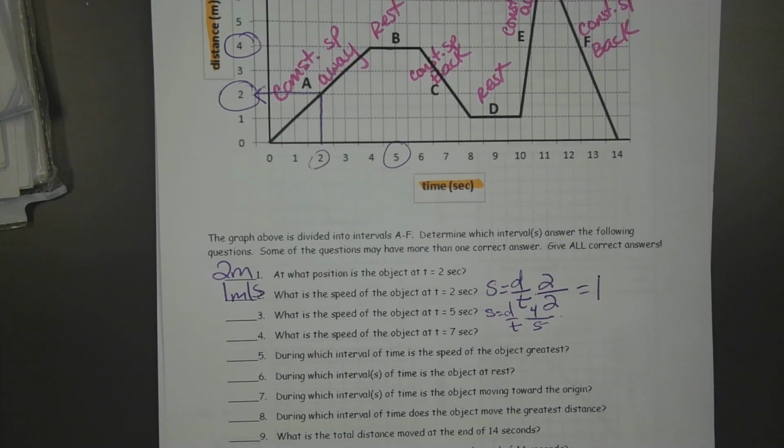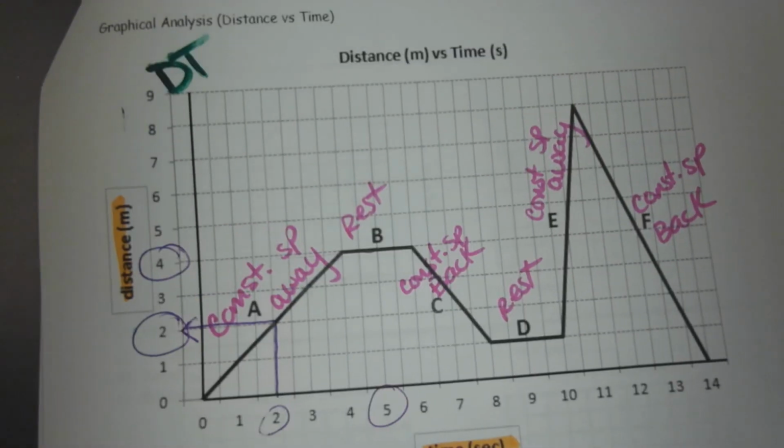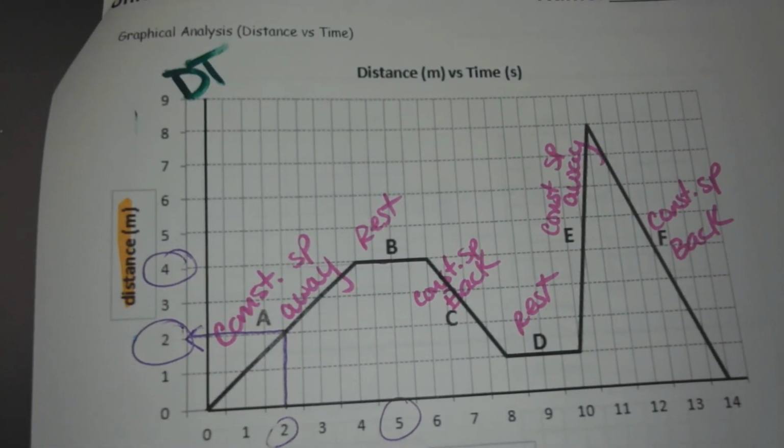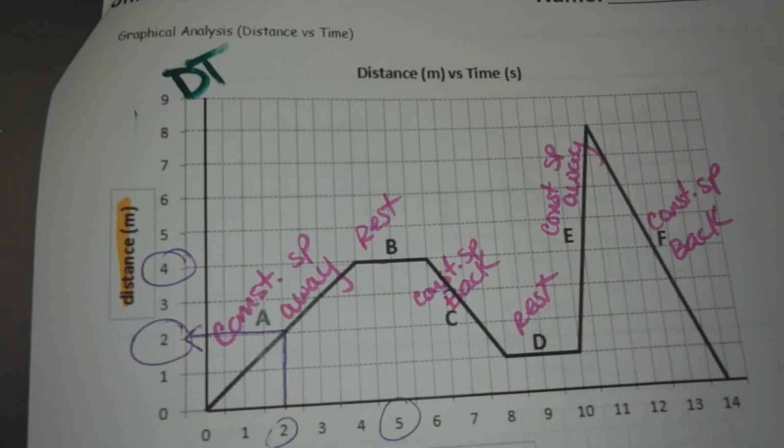Because it's at rest. Okay, I want to pause for a moment real quick with everyone. When it comes to DT graphs, you're looking at an average of what's going on for that whole section. And so kind of like what Chris said, at this T, which was T5, I do have some students that say, oh, the distance is 4 meters, so 4 divided by 5 is my answer.